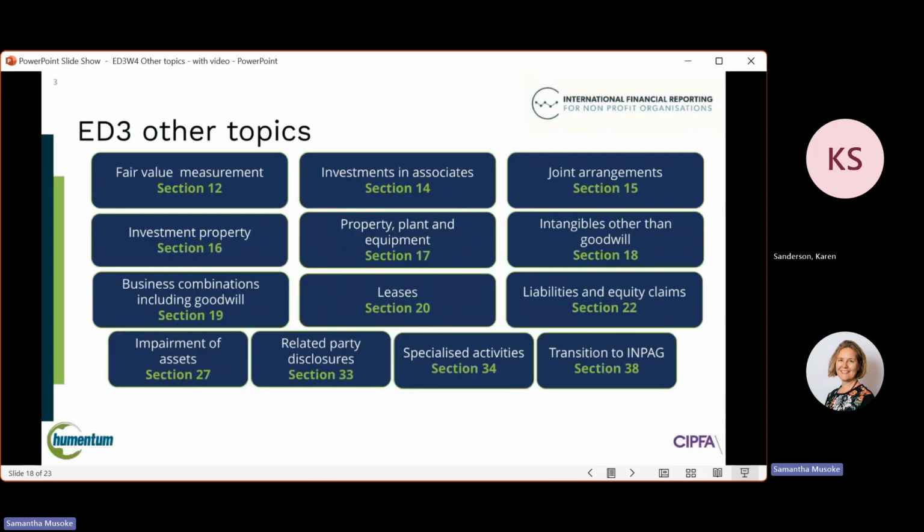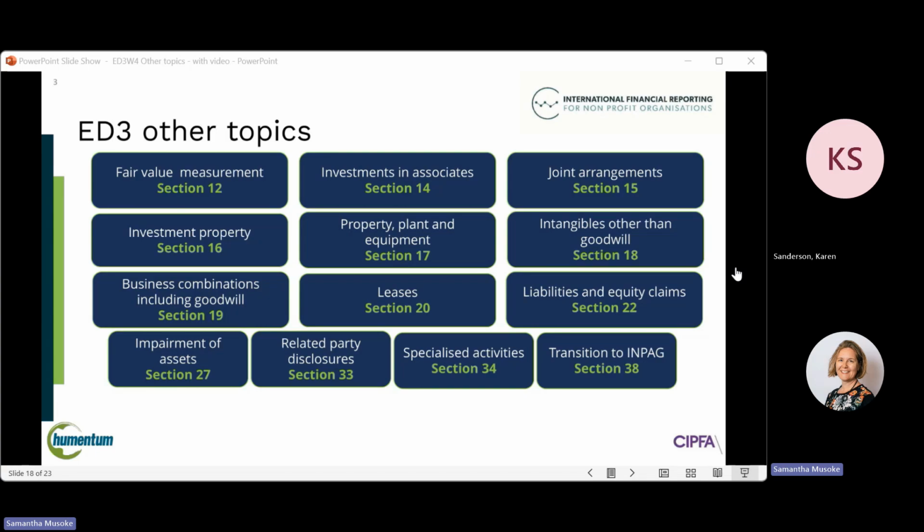Exposure Draft 3, or ED3 for short, introduces a number of sections. These are fair value measurement, investments in associates, joint arrangements, investment property, property, plant and equipment, intangible assets other than goodwill, business combinations and goodwill, leases, liabilities and equity claims, impairment of assets, related party disclosures, and specialized activities.